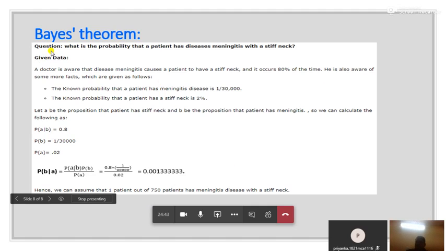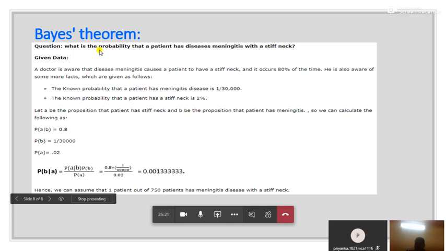Here we are discussing one question related to Bayes theorem, where we have to find the probability that a patient has the disease meningitis with a stiff neck. So what is the probability that a patient has this disease, given that the patient already has the symptom of a stiff neck?